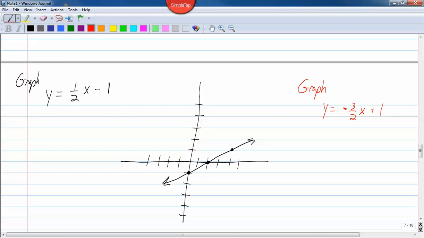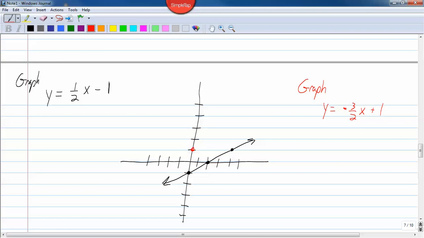So what's the y-intercept? +1. Where is y +1? Right here. The way it's different, if it's negative, you go down however many the numerator is, and over to the right however many the denominator is.